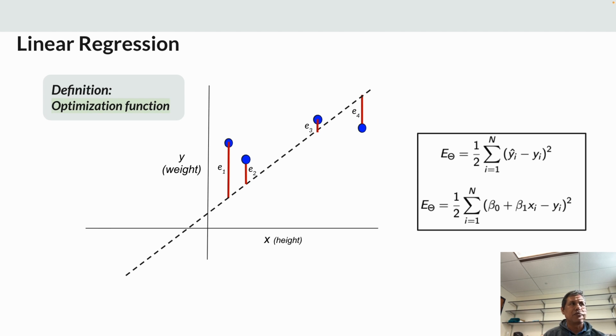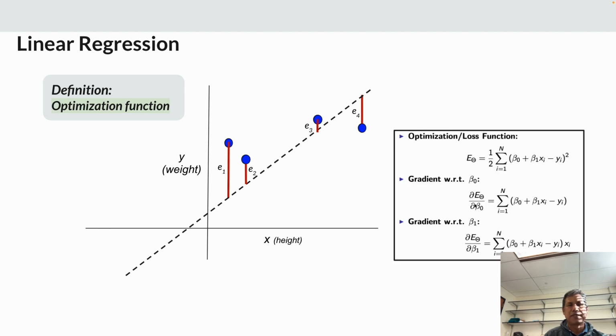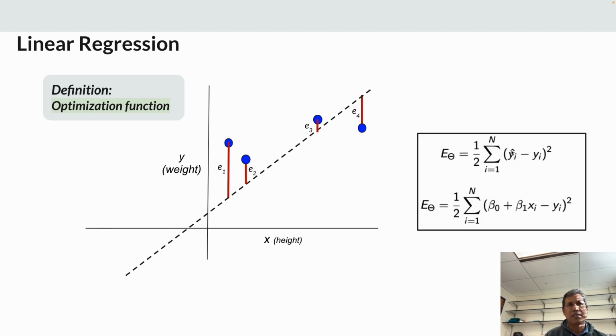Before I go to the algorithm, we need to estimate the derivative for each of those parameters. So this is our error function, and then we plugged in the prediction function here.